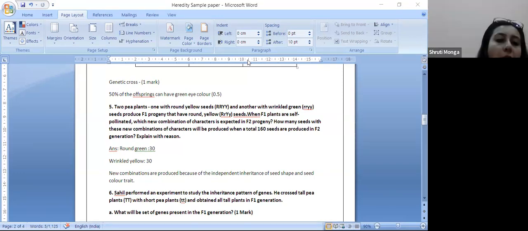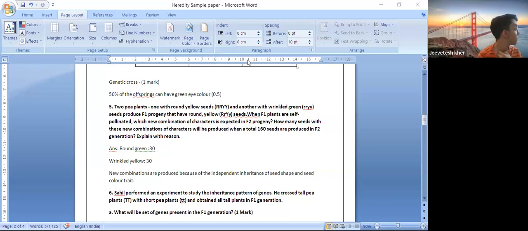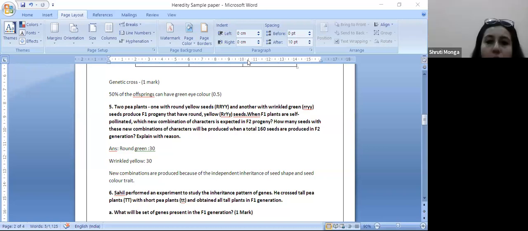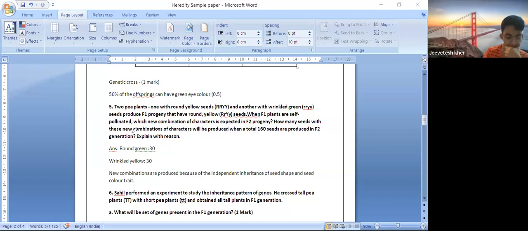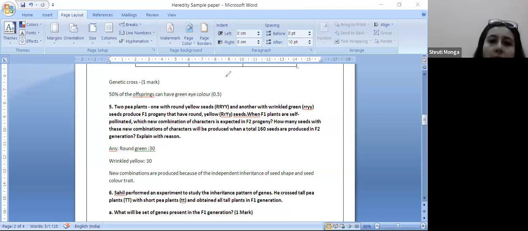Okay, I'm solving it now. One second, I'll just write it over here. See the calculation. We know the dihybrid ratio is 9 is to 3 is to 3 is to 1.